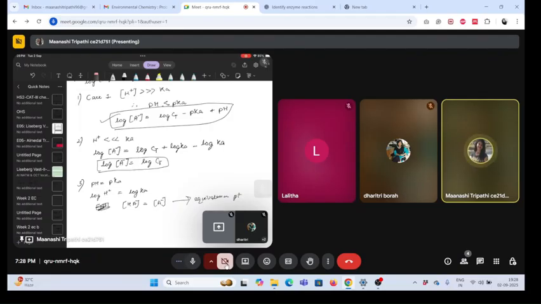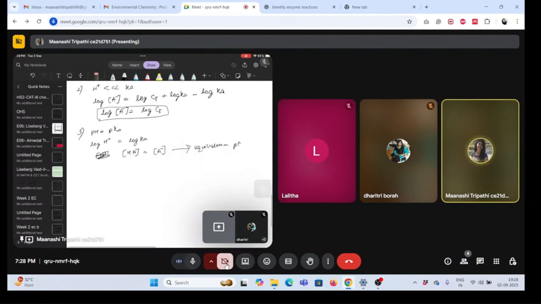Now we should study about equivalence point. So we need one more equation, right, for H plus HA. So we know that CT is equal to A plus HA, right?